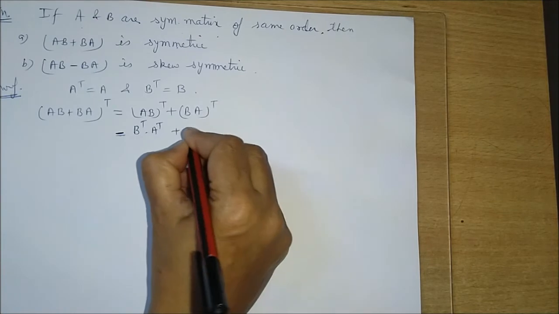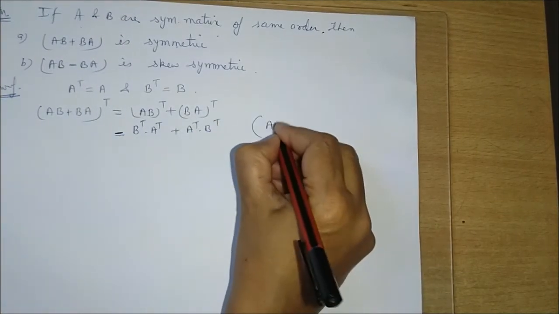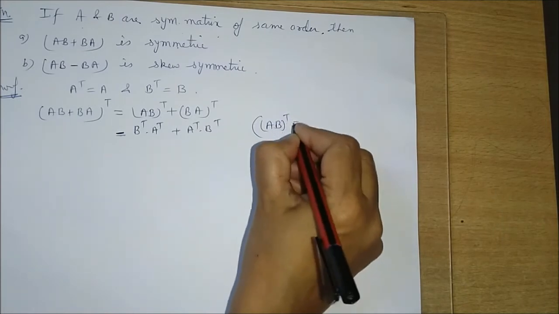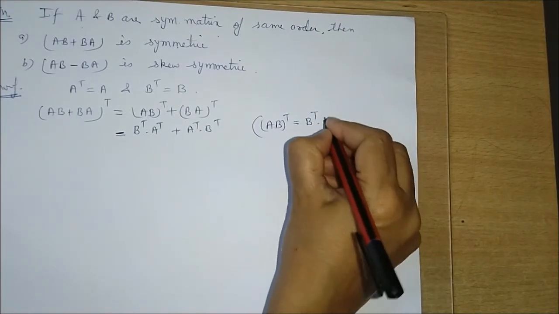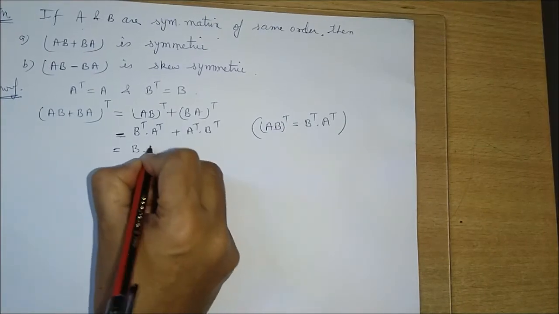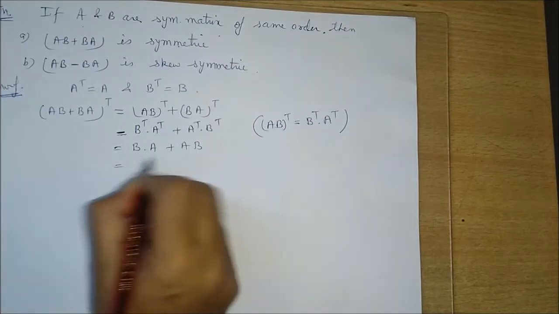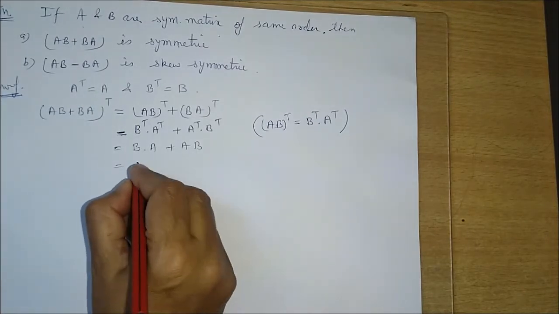We have proved earlier also that AB transpose can be written as B transpose A transpose. So BA plus AB. We can change their order.